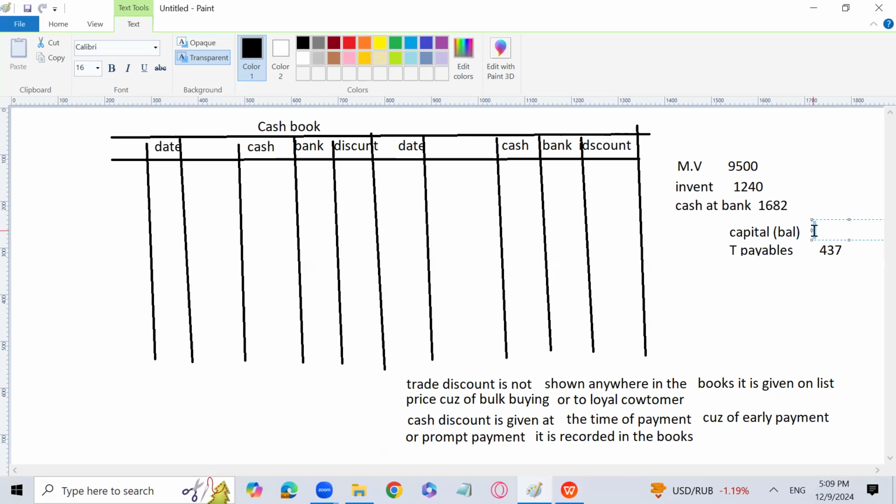So 9,500 plus 1240 plus 1682 minus 437 gives the amount of capital, 11985. I hope you got the point.